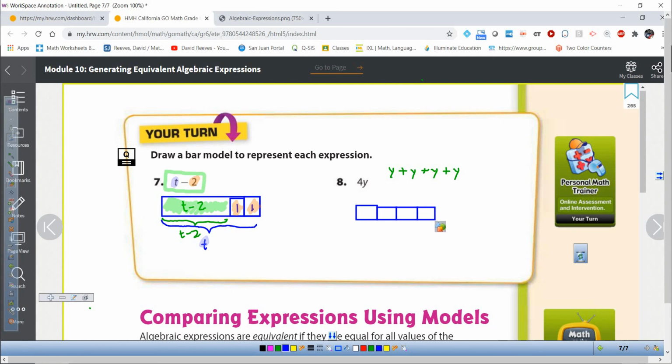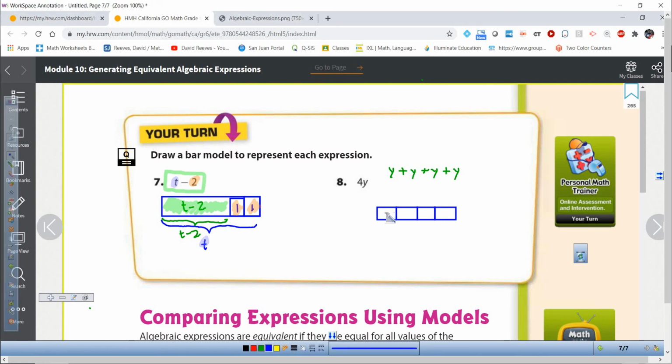That would represent 4y. Let me put this one in the trash and see if I can come up with one more that's pretty darn close. Of course it doesn't come out as good as the other ones. This is my last try here. Well, we're going to call it a sketch.